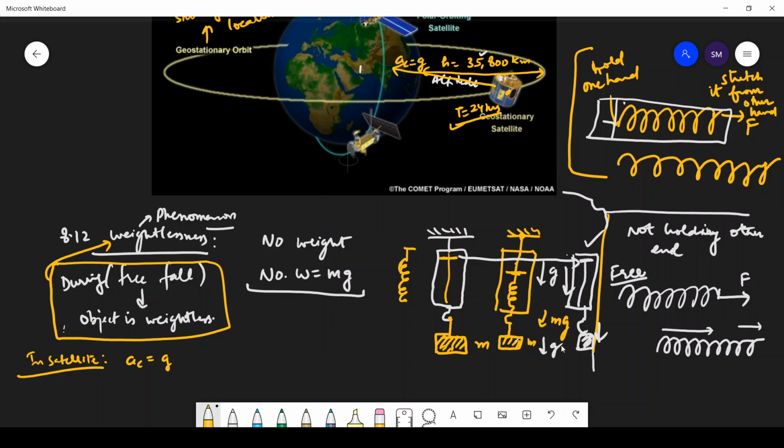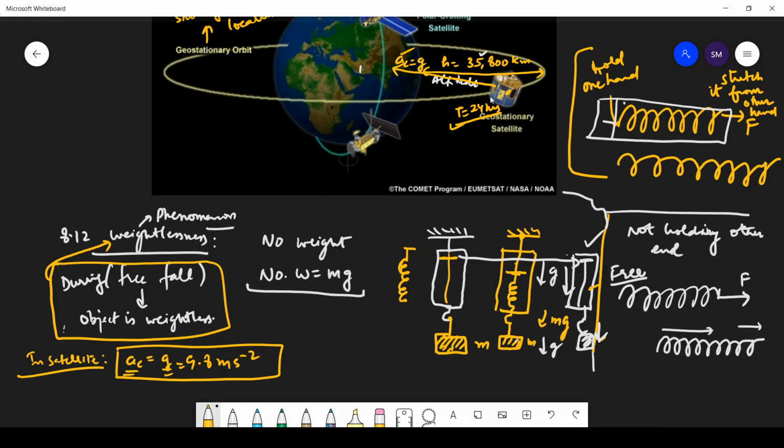So same is the case with the spring and the mass, both are falling with the same acceleration due to gravity. Here also both are attracted towards the Earth, hence the centripetal acceleration is equal to the acceleration due to gravity. When this condition is there, everything inside the satellite is in the state of free fall.